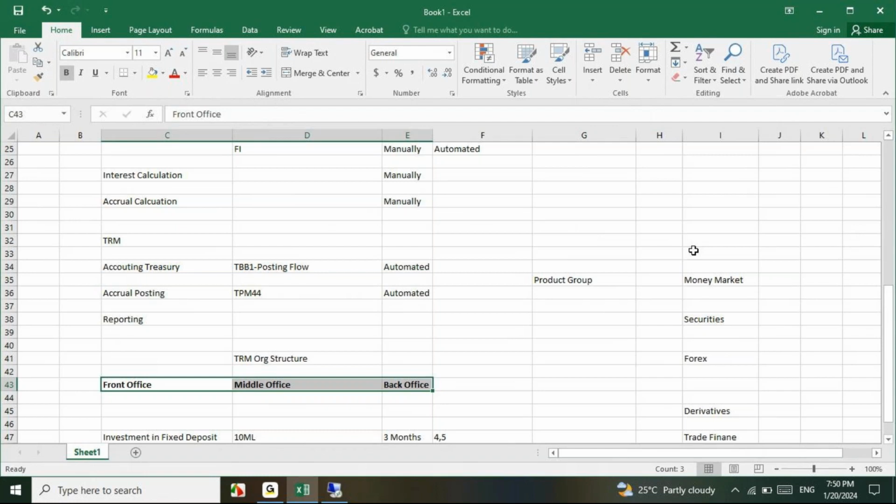That's why the reporting is not universally accepted. If another person joins, even if he is aware of all the processes, because you maintain part of the things in SAP and part in Excel, it would be difficult for other people to join, understand and act upon. So that is the importance of the treasury module. It's not only about accounting.